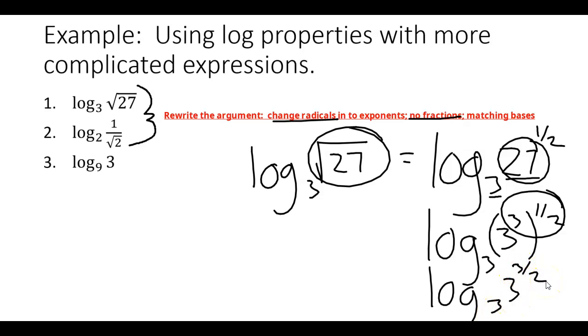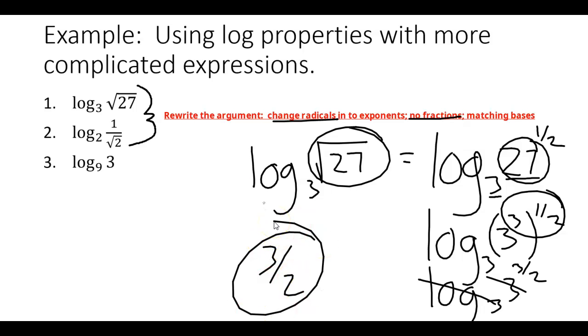And now we can use property number, I believe it's 3, to just ignore these two things, and our answer is 3 over 2. Okay, so the goal here is to get this number to match this number. So we can use property 3 and just cancel these things out and have this.